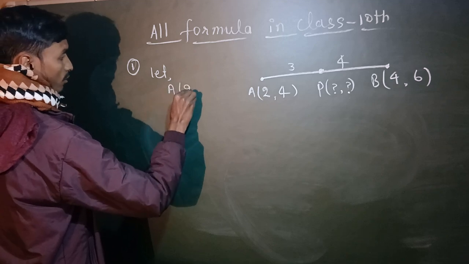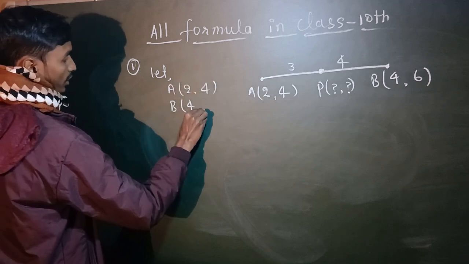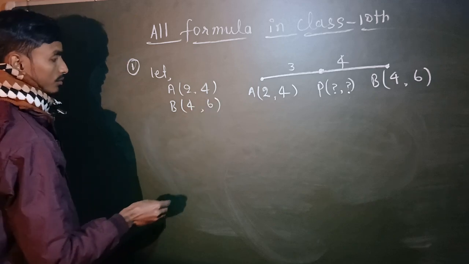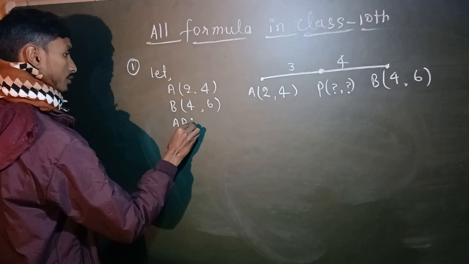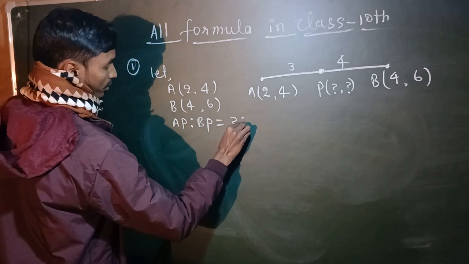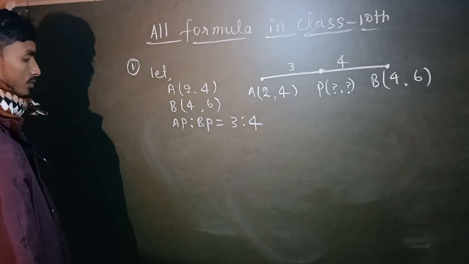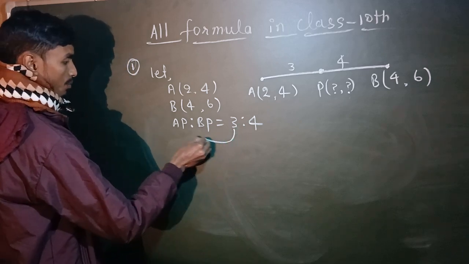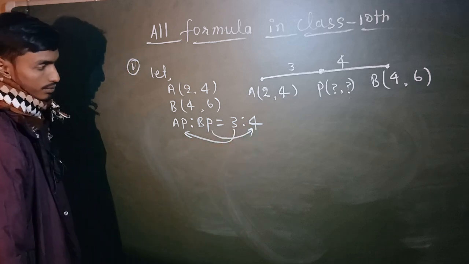A is (2, 4), B is (4, 6), AP ratio BP is equal to 3 ratio 4. This value is AP, this value is BP.